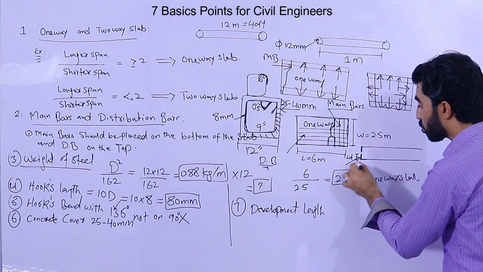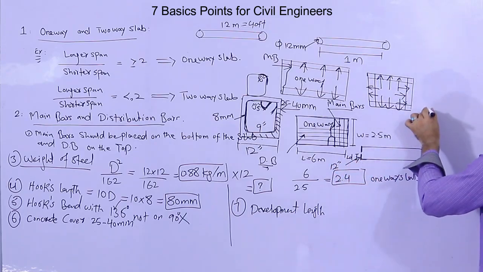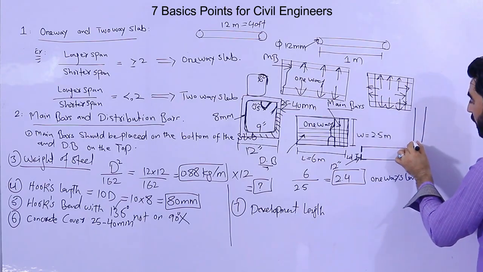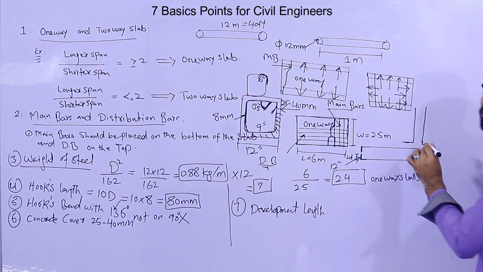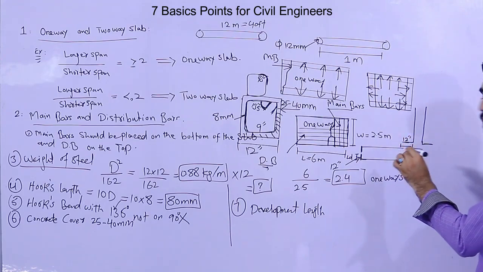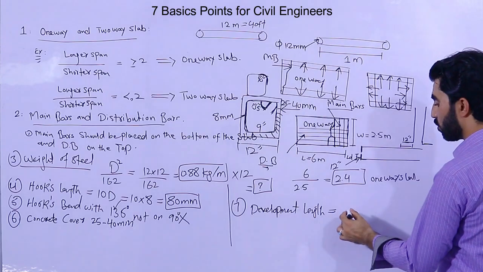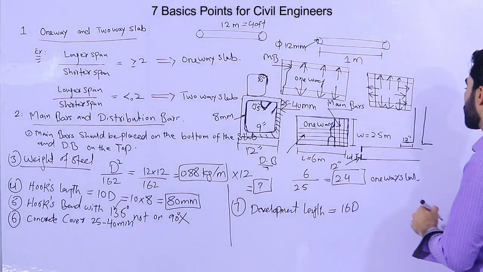This development length should not be less than 12 inches. As well, in a column we have development length at the bottom, which we provide on top of the footing mesh. This length should not be less than 12 inches. For that we also have the formula 16D, where D is the diameter of the steel rod.